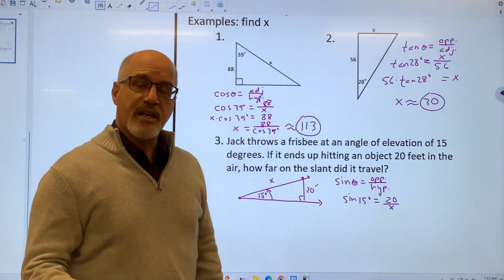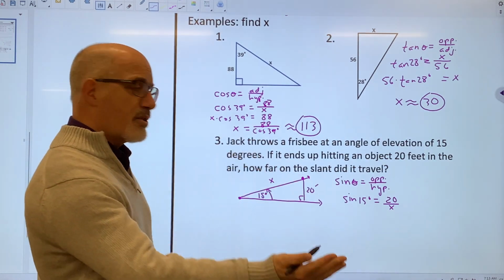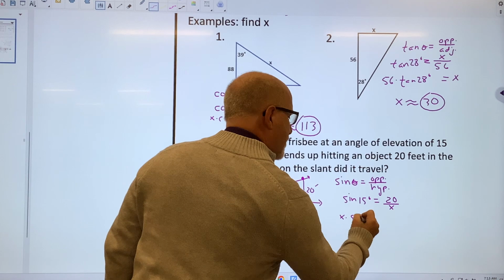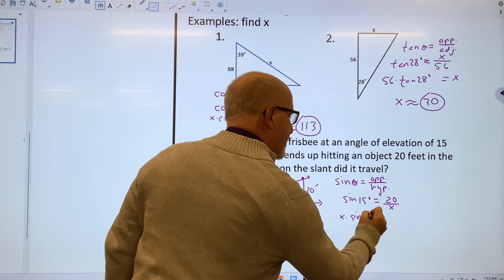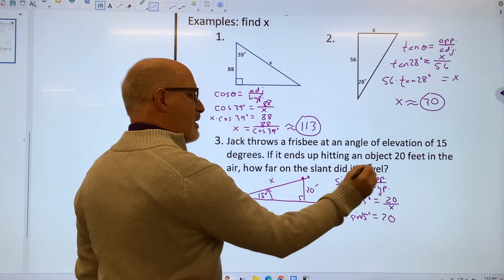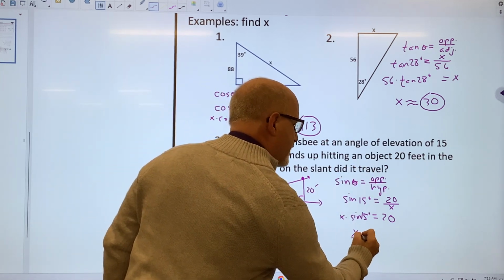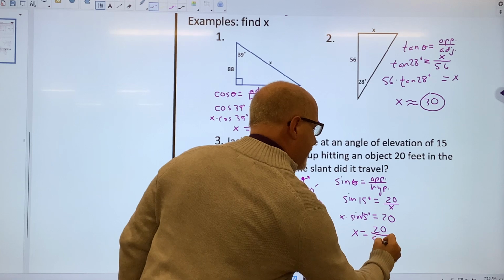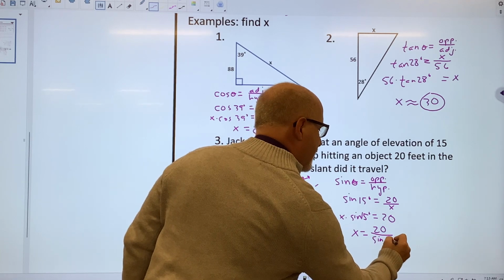Now to get that x out of the denominator, I'll multiply both sides by x. So I have x times sine of 15 degrees is equal to 20. Now I'm going to divide both sides by sine of 15 degrees to get x. So 20 divided by sine of 15 degrees.